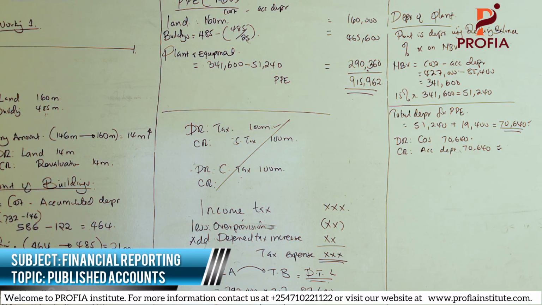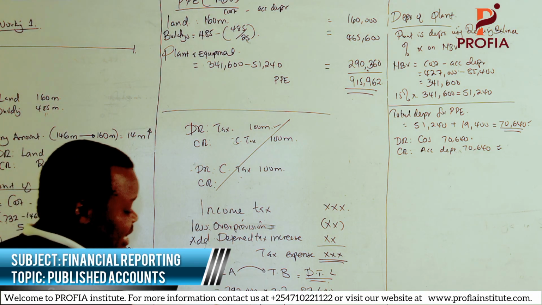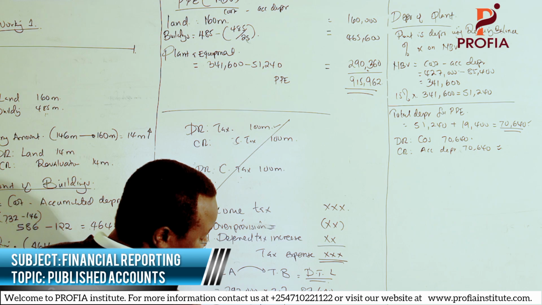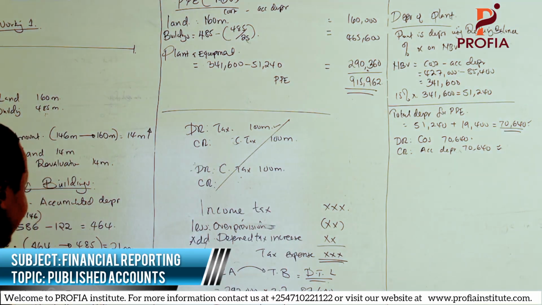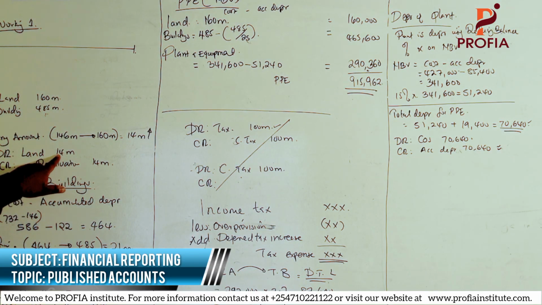If the question in topic 1 was telling us in note number 1 that you include deferred tax, or it was silent, we could have come here and said gain on revaluation. And you know, our revaluation gain was how much?